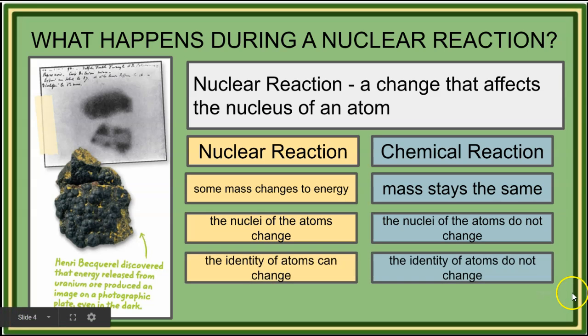In a nuclear reaction, remember that the identity of atoms can change. If the nucleus changes, you might end up with a different atomic number, and so a different type of element. The identity of atoms does not change, however, in a chemical reaction. The atoms that you start with in the reactants are the same atoms that you end up with in the products. They just form different molecules together.